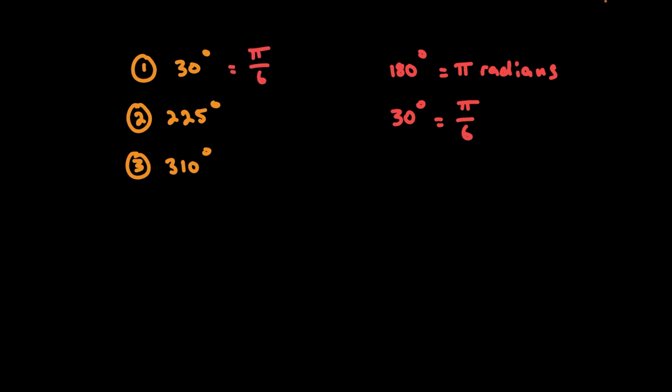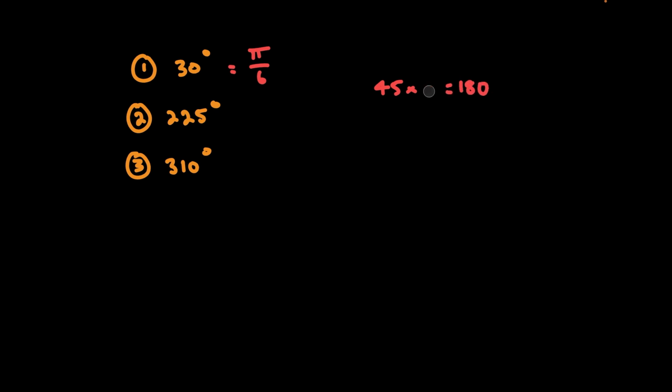Now what about 225? That one's a bit more difficult. Well, you can recognize 225 is a multiple of 45. 45 times by what gives you 225? Well, 45 times 4 gives you 180. You do another 45, that's 225.